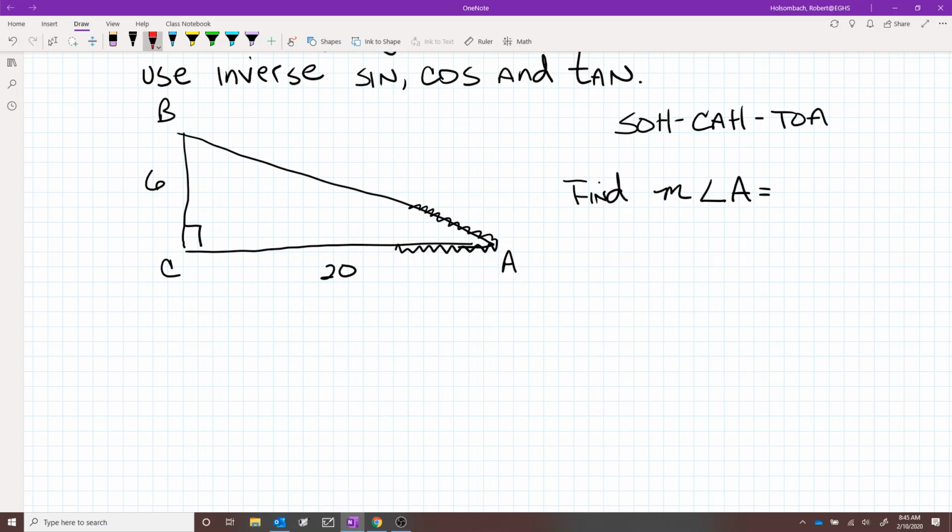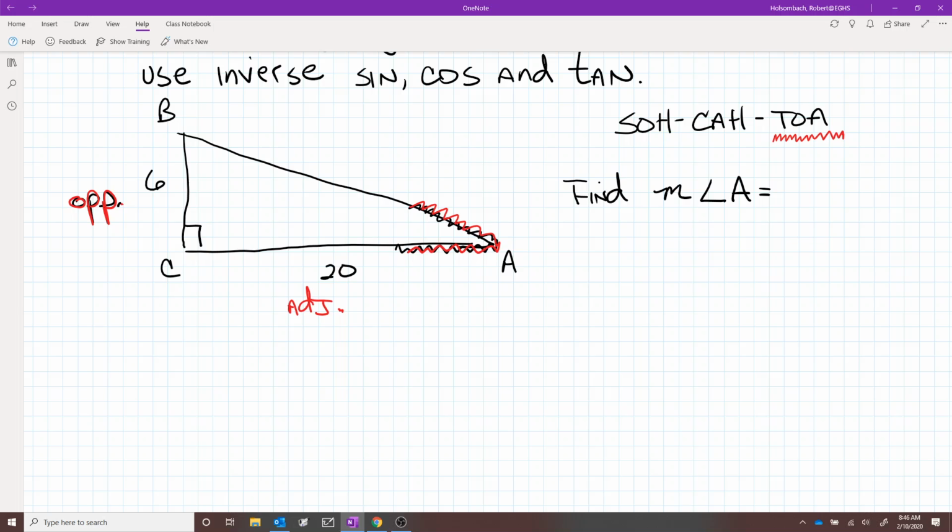The 6 side BC is opposite, and the 20 side that's next to it is the adjacent. So we've got angle A, we've got an opposite side, and we've got an adjacent side. Which ratio will we use? We will use tangent. We will use the TOA acronym. Tangent equals opposite over adjacent.